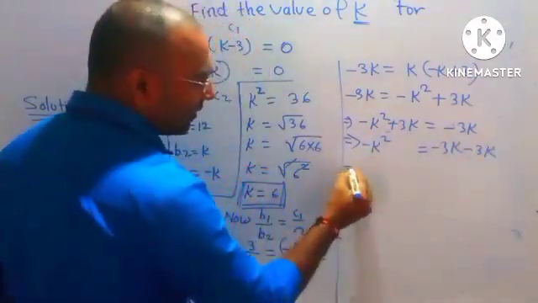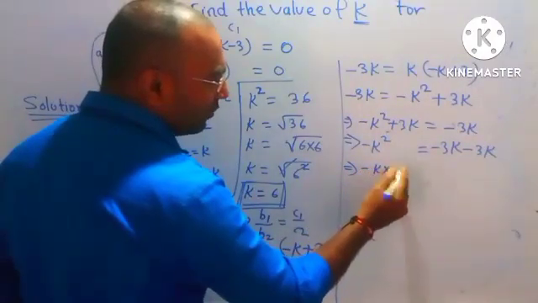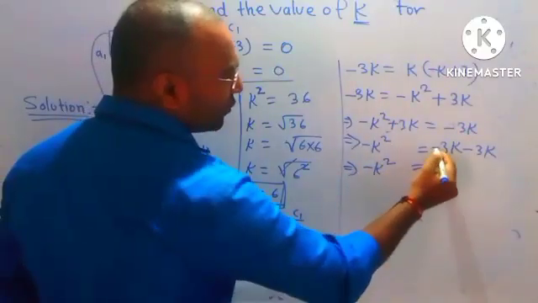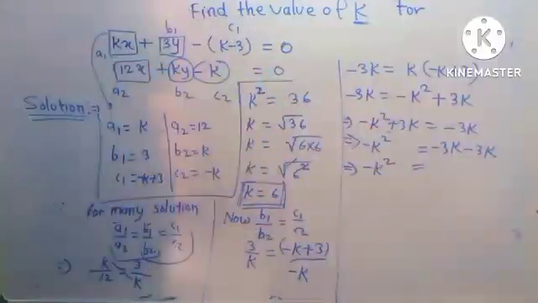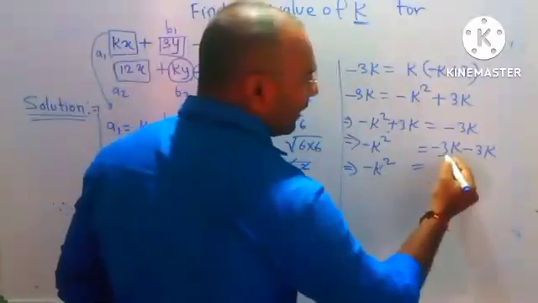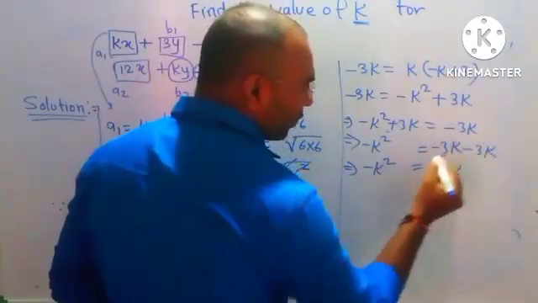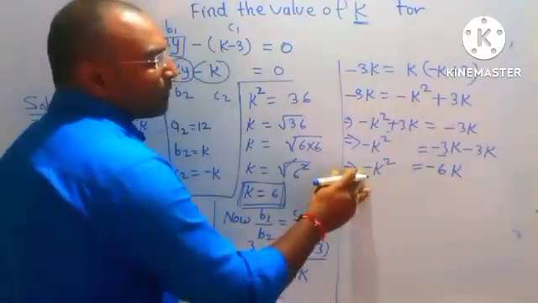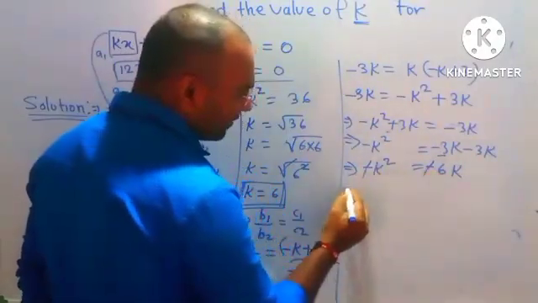Up to here is clear. Now minus k square is equal to, this one is minus, this one is also minus. Signs are the same, so we do addition: 3k and 3k, 6k. On the left hand side there is minus and on the right hand side there is also minus, so minus and minus cancel.